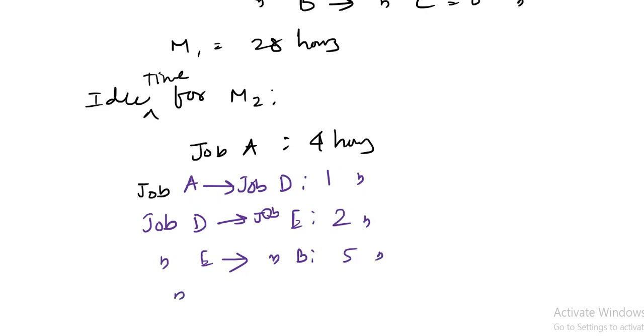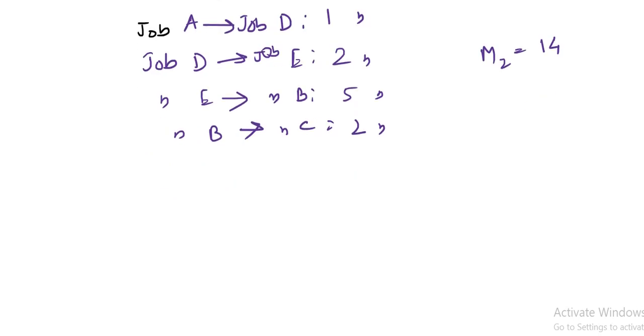Job B to C, 32 minus 30, that is 2 hours. After calculating this, the total idle time for M2 is 14 hours.